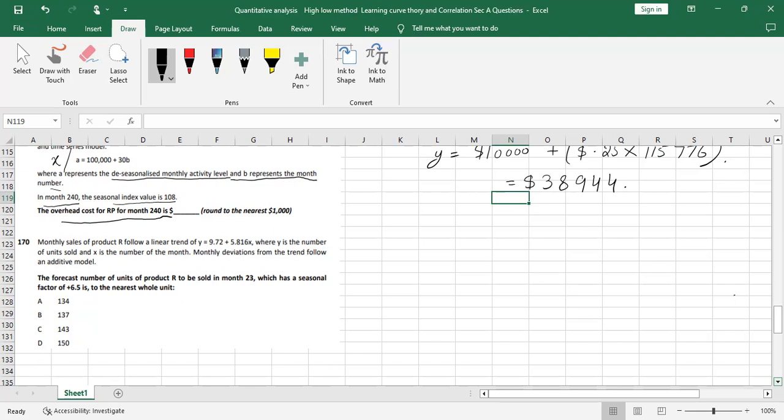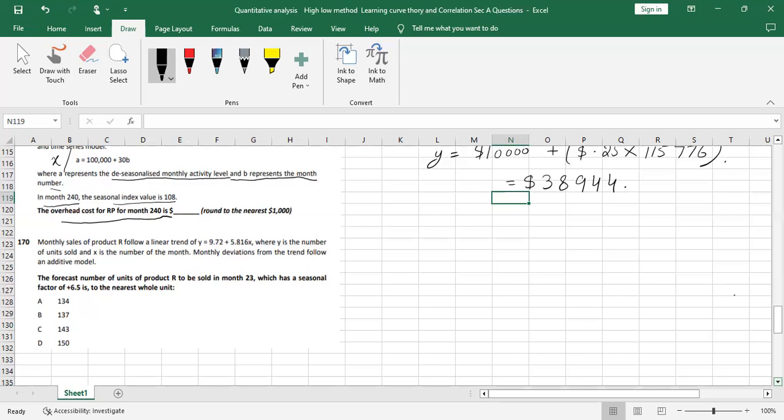Monthly deviation from the trend follows an additive model. This time we are not using multiplicative. So we will add the relevant value. The forecast number of units of product R to be sold in month 23. So X is 23, which has a seasonal factor of 6.5, to the nearest whole unit.